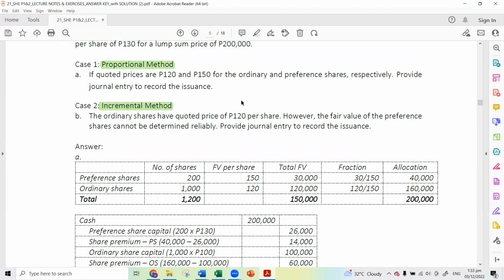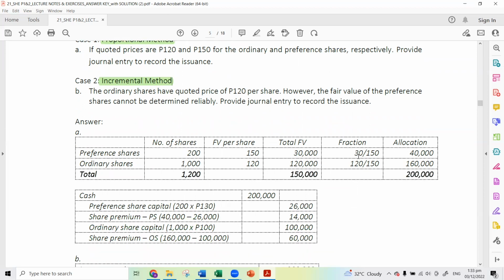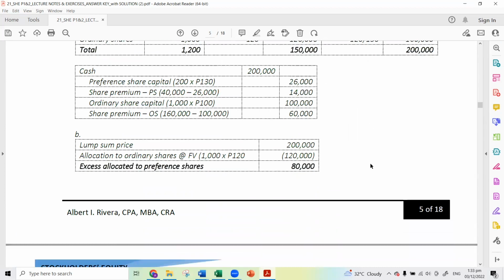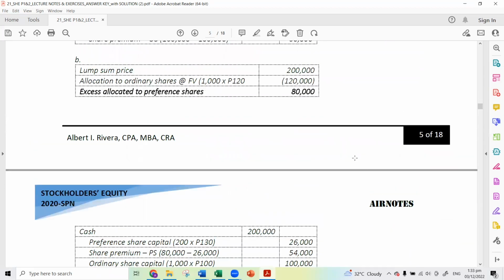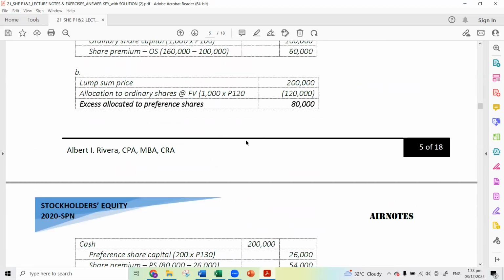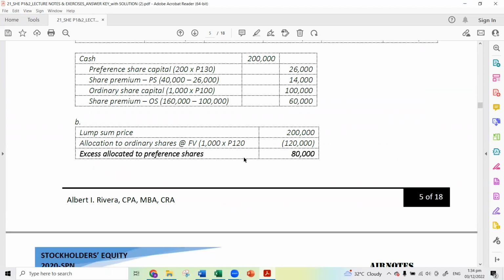This illustration represents the proportional method and this one represents the incremental method. Under the incremental method, you first determine the share with a fair value and assign it.